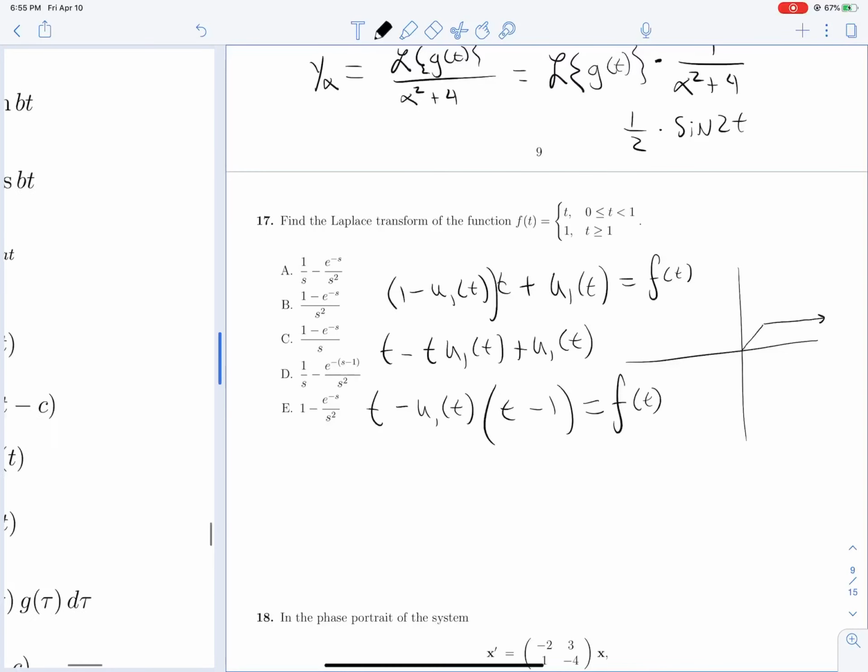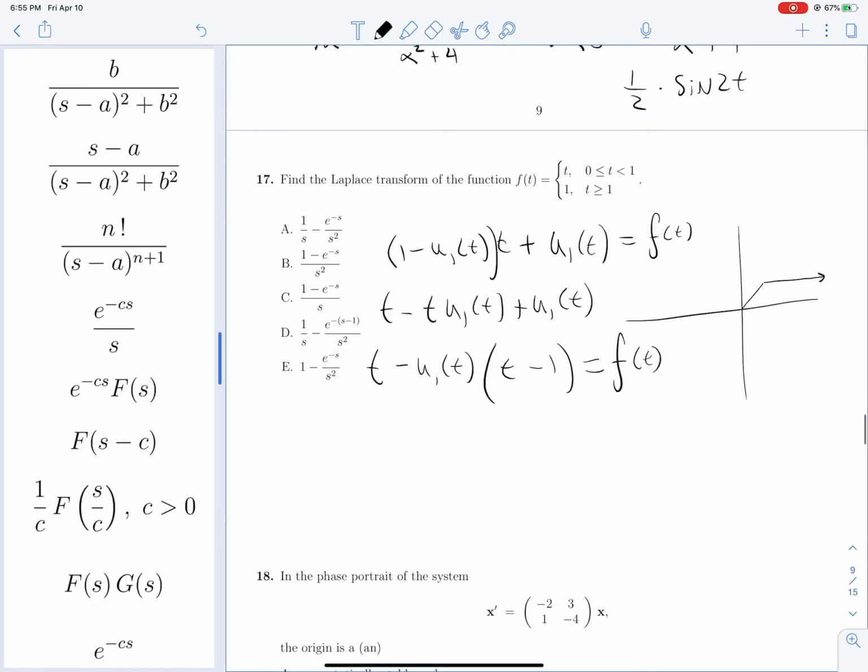So working on this, we will see that the Laplace transform of, remember, I'm just dealing with this section right now. We'll get to the t in a second. This will just give us e to the negative, not e to the negative t, e to the negative alpha for c is equal to 1. And then we want the Laplace transform of t minus 1.